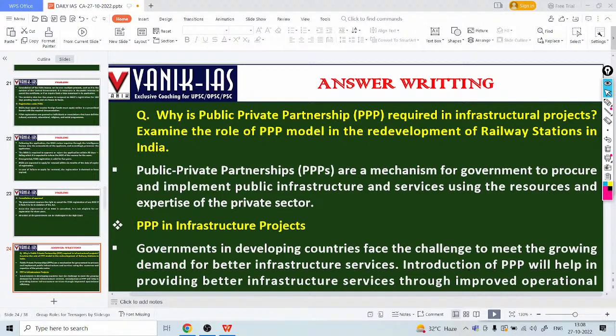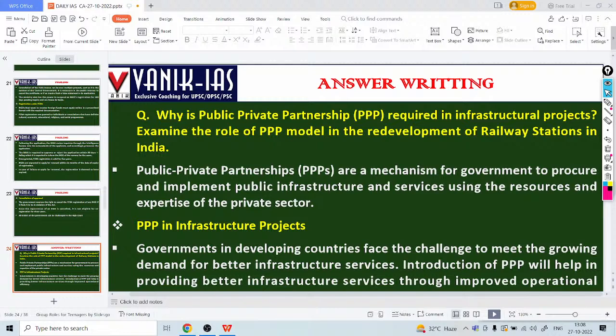Okay. Then the government is redeveloping stations across the country.